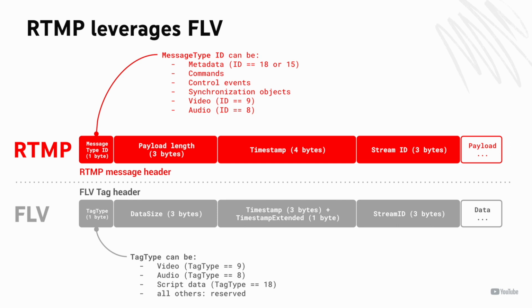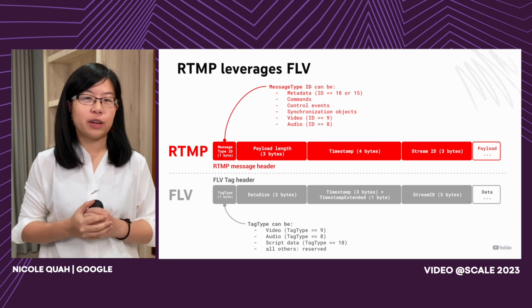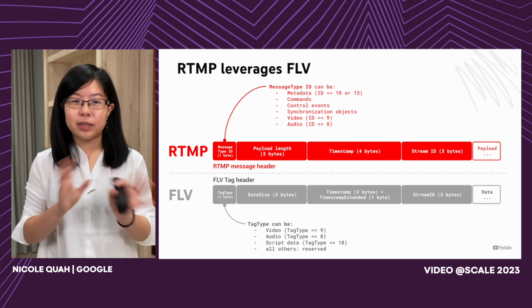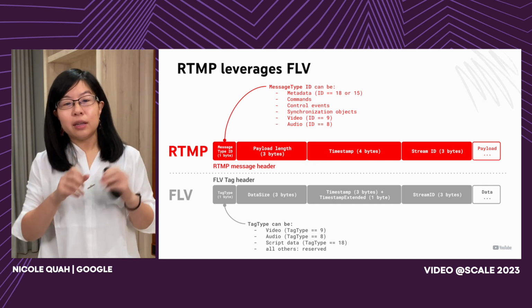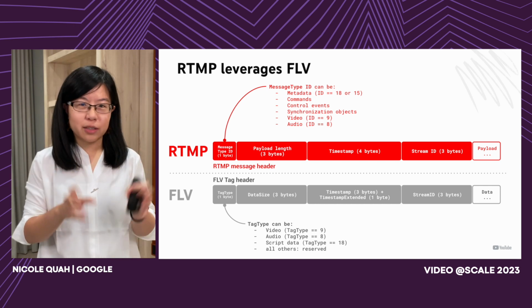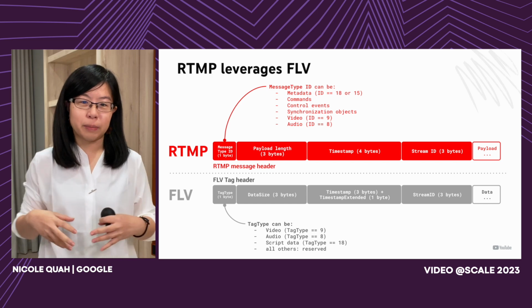It comprises alternating tags and backpointers. There are 3 types of tags: video tags, audio tags, and script tags for metadata. Each video tag typically contains 1 frame of video. Backpointers specify the size of the preceding tag. In terms of structure, tags, as you can imagine, also have a header and a data payload.